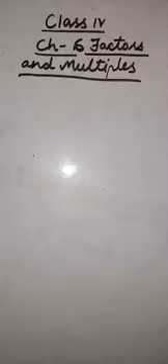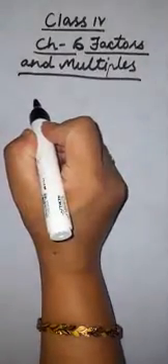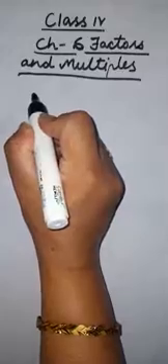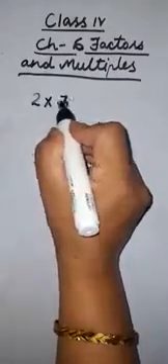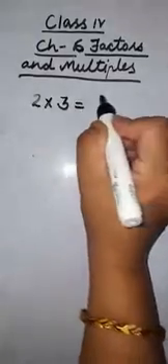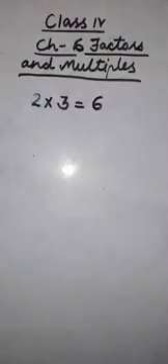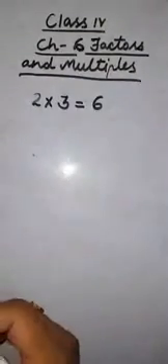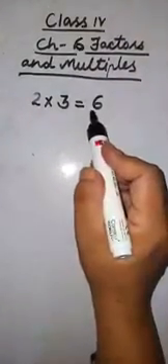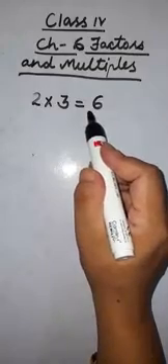Okay. Let me explain here. Let's take two numbers. See, when we multiply two numbers, 2 multiplied by 3 is equal to 6. So, when we multiply two numbers, we get the product. Is it clear?